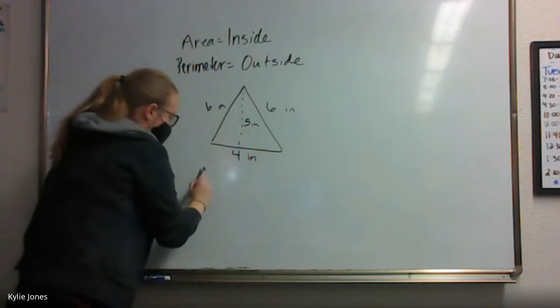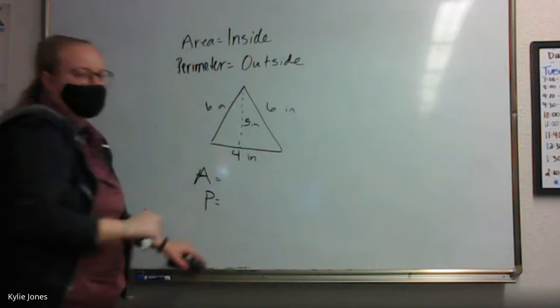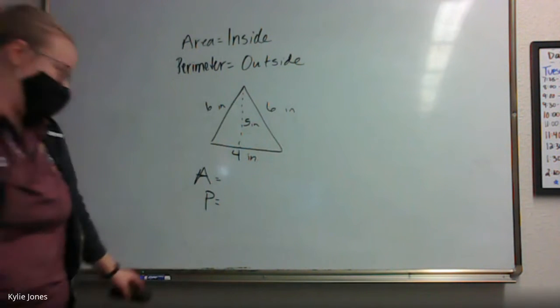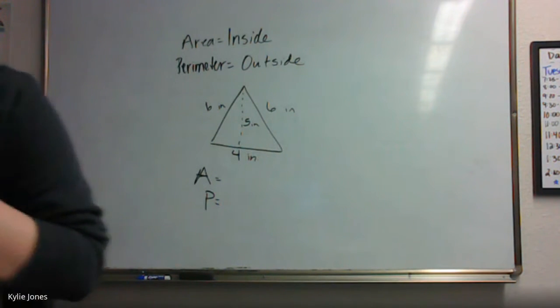So I want you guys to find the area and the perimeter. Find both this time. Take a few minutes to work on that one. This is a little bit difficult. Make sure you use the right height. We'll check attendance while you guys do that one.